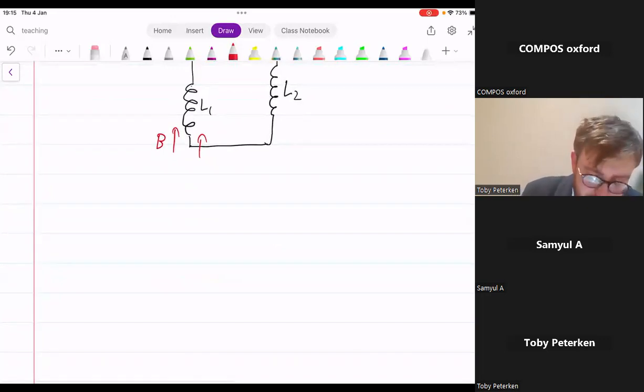So let's start with Kirchhoff's law. Remember, the total voltage going around a loop is zero.